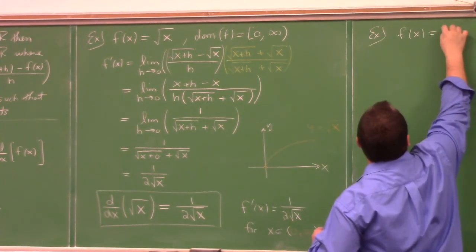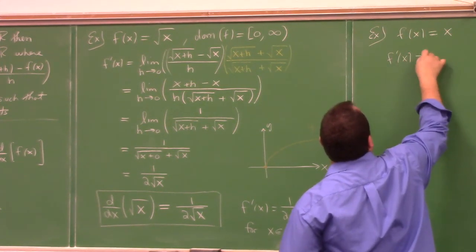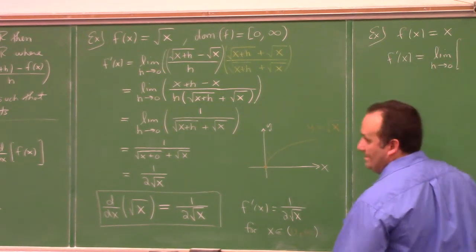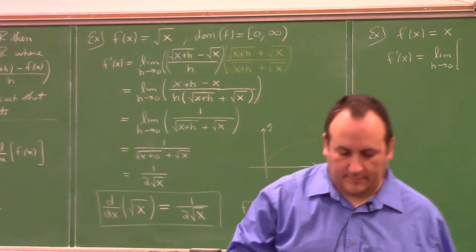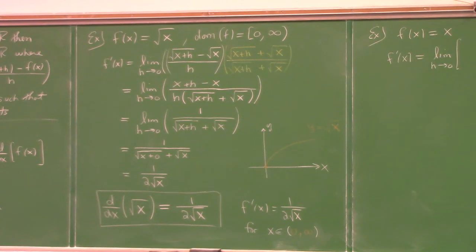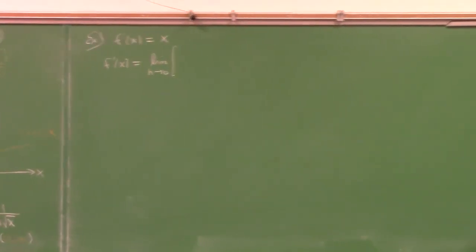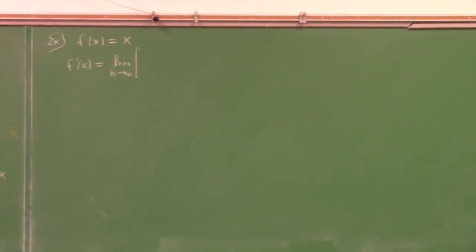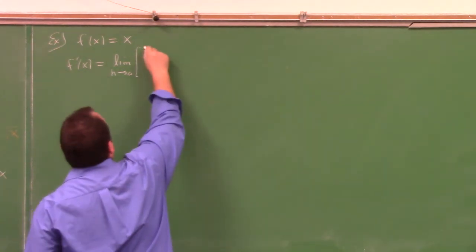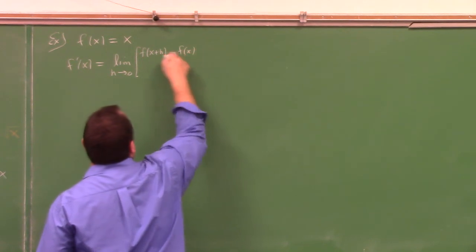What's the derivative of that? We're supposed to take f of x plus h minus f of x divided by h, right?